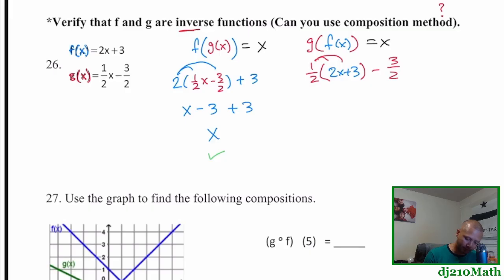All right, this is going to be 2 over 2, so this is just going to be x. And then plus 3 over 2, because 1/2 times 3, so 3 over 2, minus 3 over 2. Oh, this is nice, because look, x.